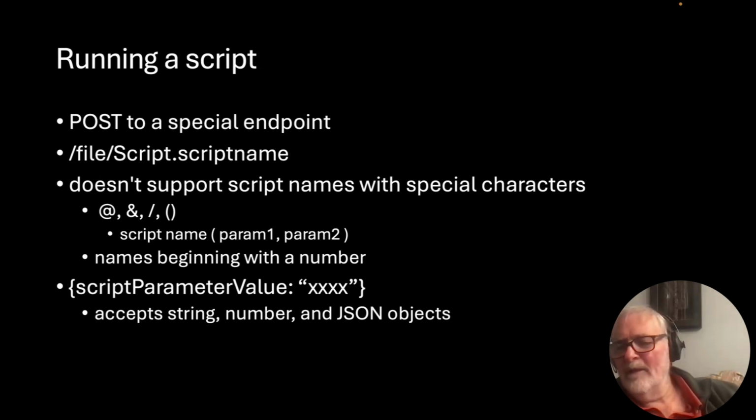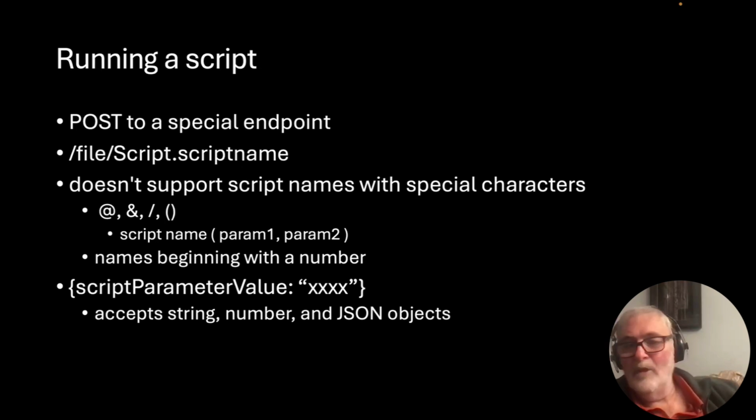The fourth component is that we can send something to the script in the other file. It has to be sent as a JSON object, and the top level of that is called script.parameter.value, written exactly like that. Okay, so this is one of those, you just have to know it has to be that.